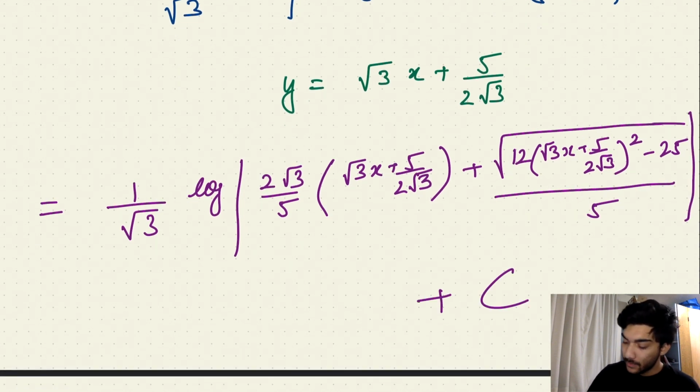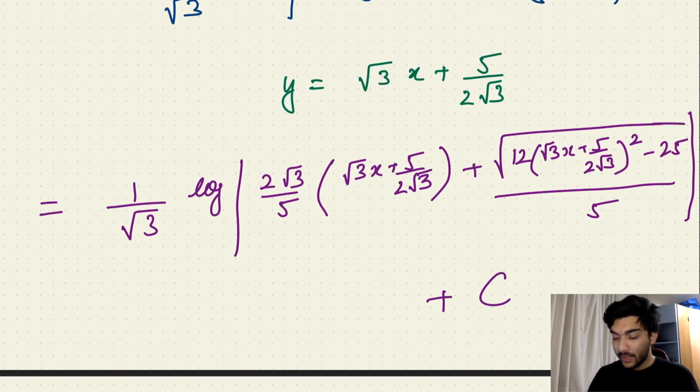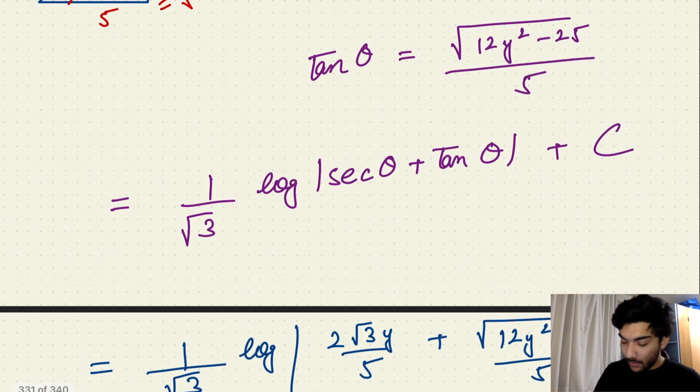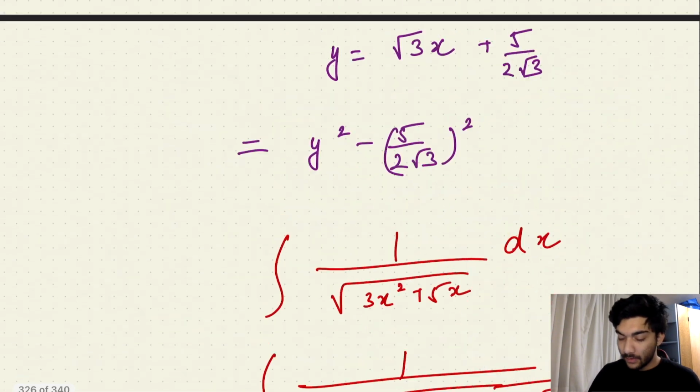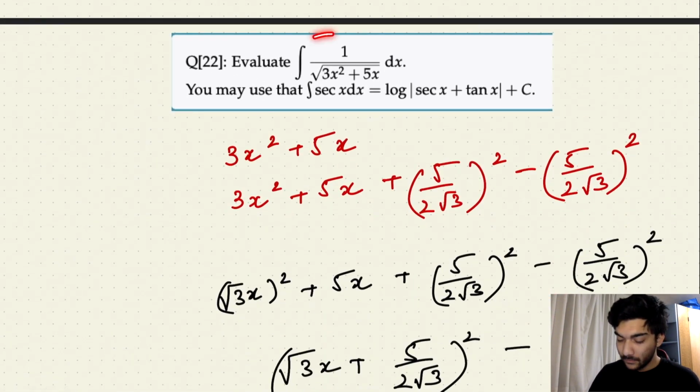So this is your log expression, and then at last you'll add the constant of integration, right? So this would be your final answer to the integral of this expression over here, right?